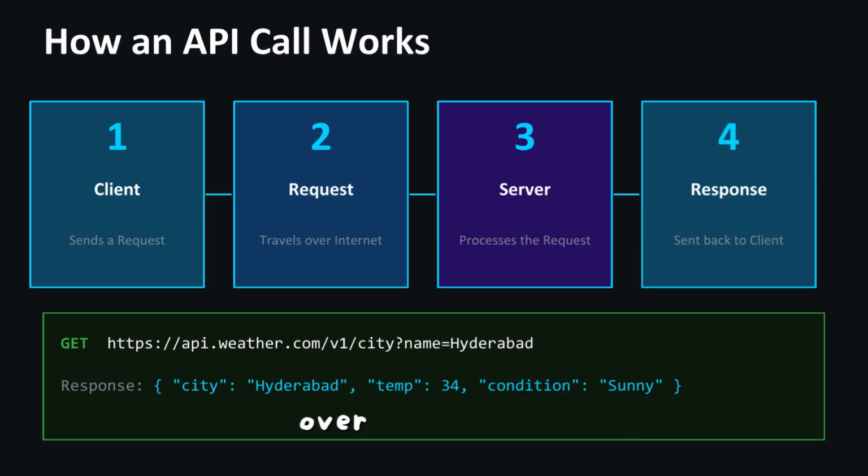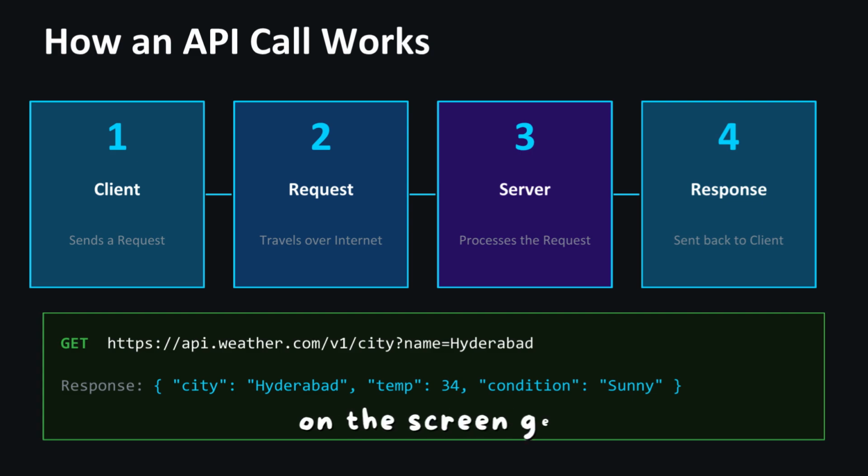The request travels over the internet to the server. Step 3. The server processes the request. It might check a database, run some logic, or call another service. Step 4. The server sends back a response. This response has a status code and the actual data. That is it. That is one complete API call.